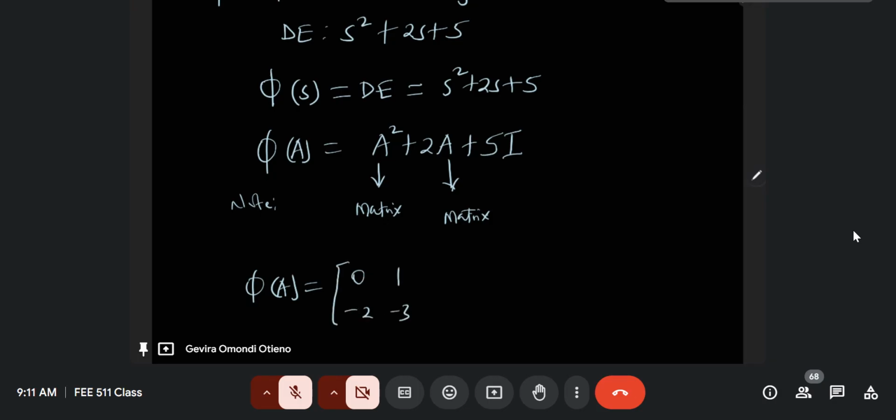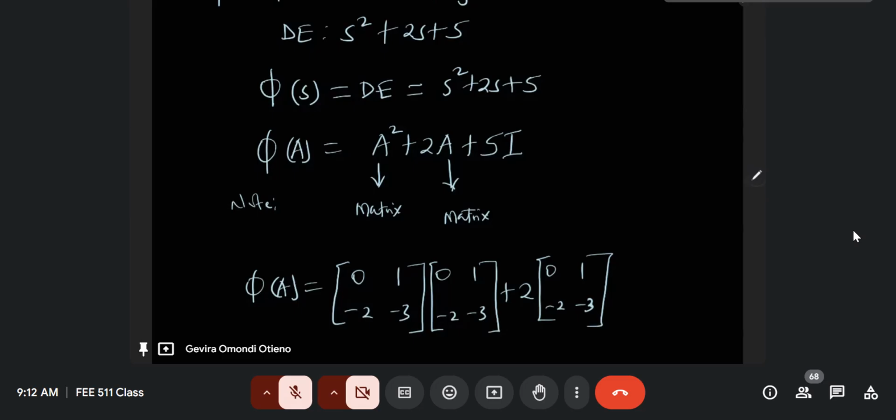I remember that. So we square it. That means we have [0, 1; -2, -3] times [0, 1; -2, -3]. So that's A squared now. And then plus 2A, so you have 2 times [0, 1; -2, -3]. That is the 2A part.